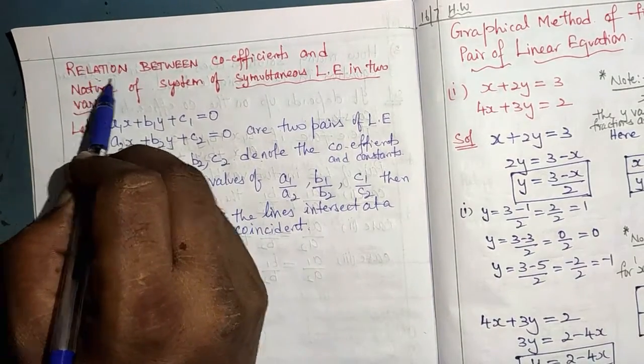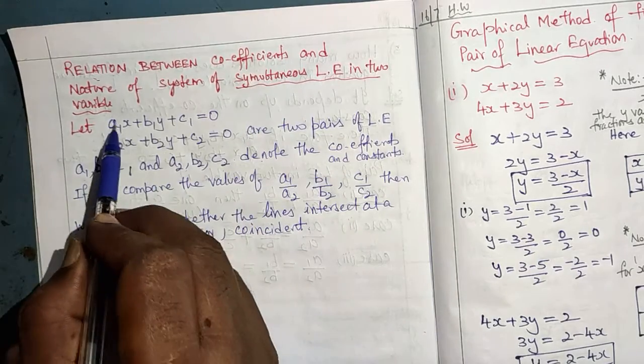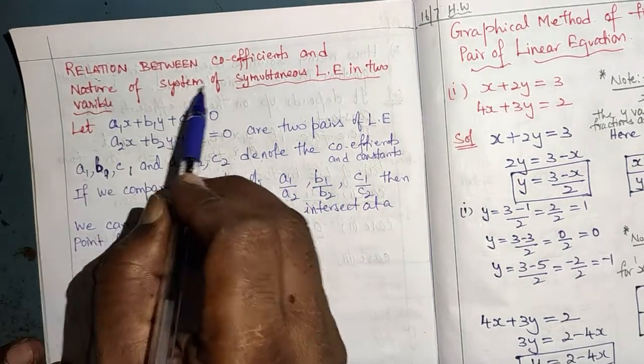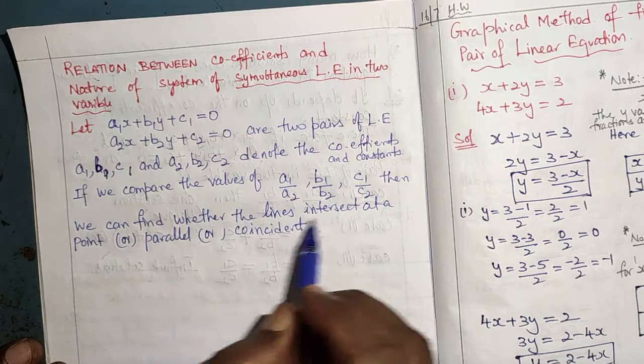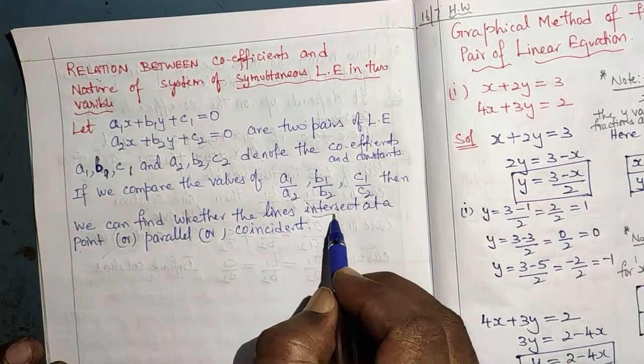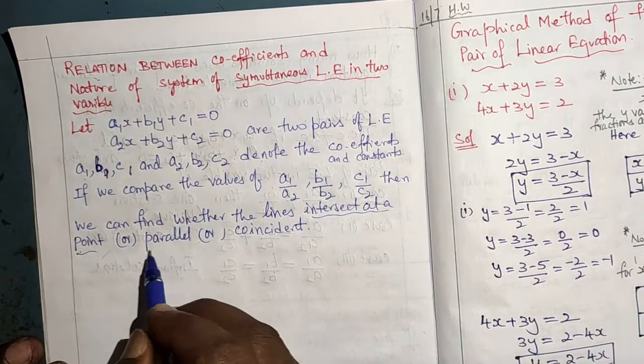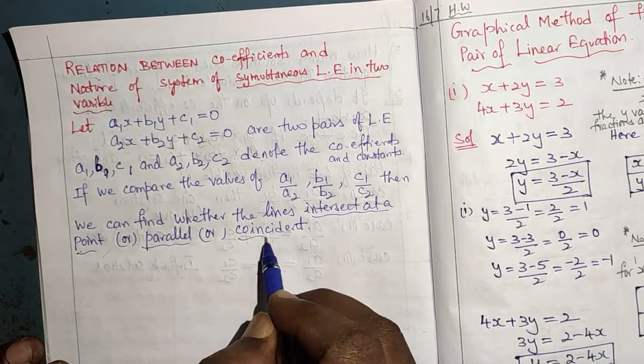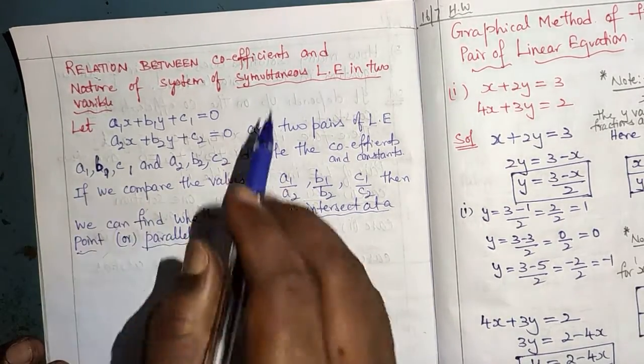So we are writing a relationship between the coefficients and nature of system of equations. What is the nature? They intersect at a point, or they are parallel or coincident. That is called the nature.